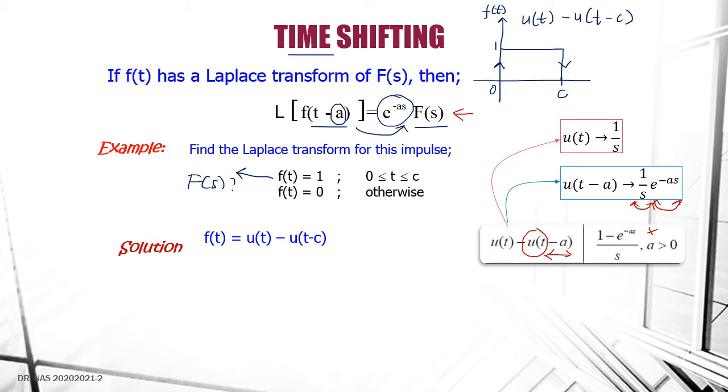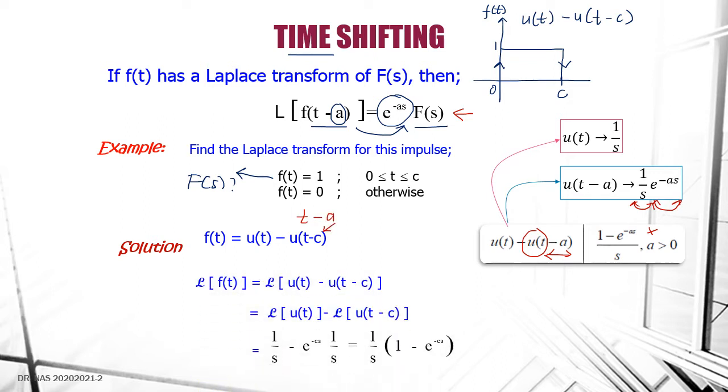So u(t) is 1 over s, and u(t minus c) means 1 over s, e to the minus as. So in this case, t minus a, so your a is equal to c. So it is 1 over s for u(t), and again 1 over s for u(t).